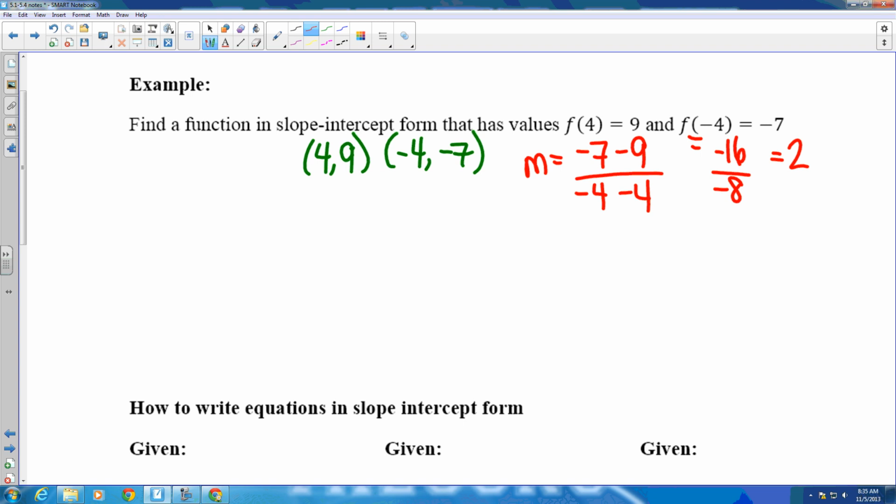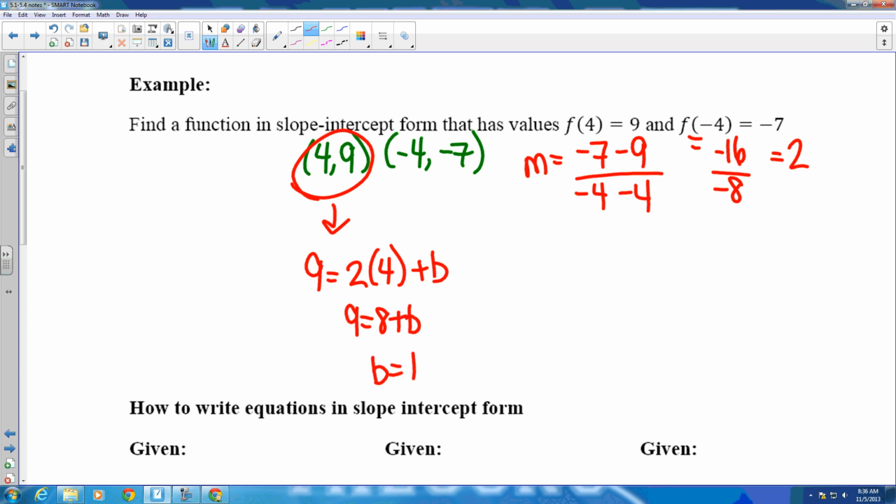And then we're going to pick a point. I'm always going to pick the positive one if I'm given an option of two, one positive, one negative. 9 equals 2 times 4 plus b. 9 equals 8 plus b. b is 1. So y equals 2x plus 1.